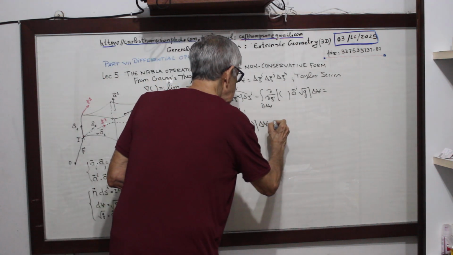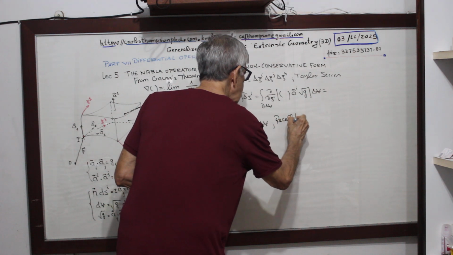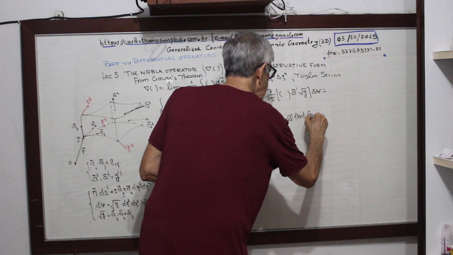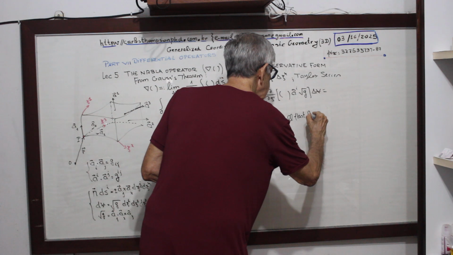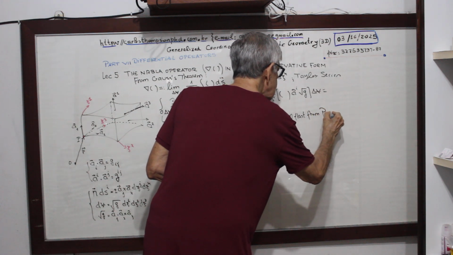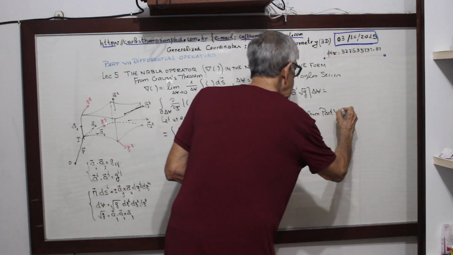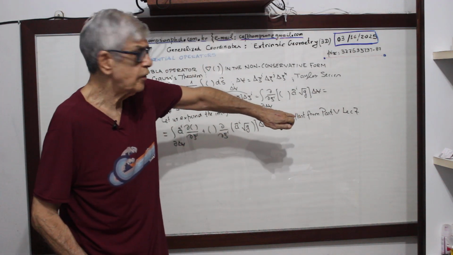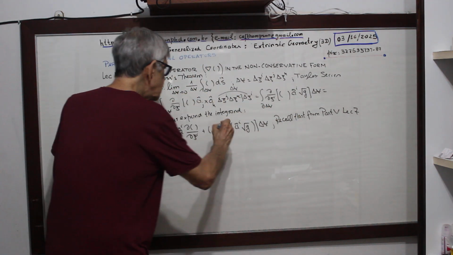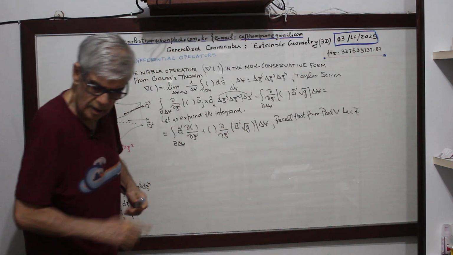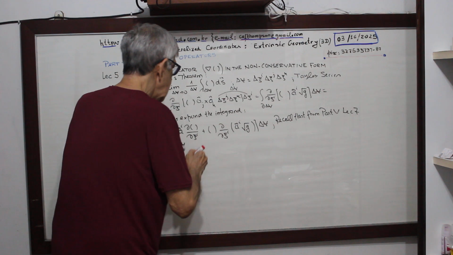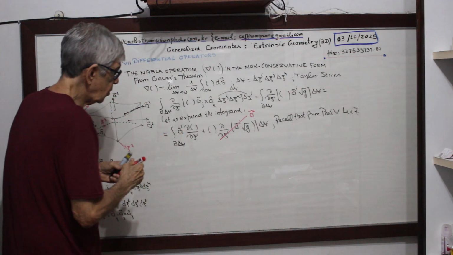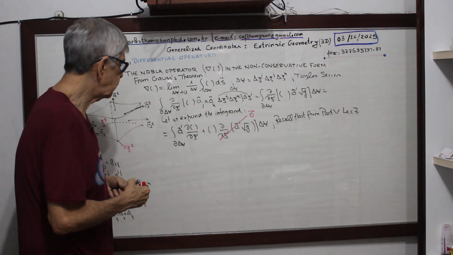Now, we recall from part 5, lecture 7. You go there on part 5, lecture 7. All this term over here, I'll put in red. All this relation here is 0. You go there and see the derivation.